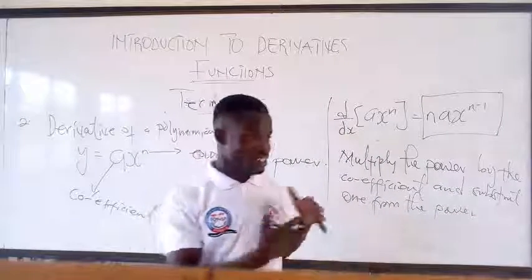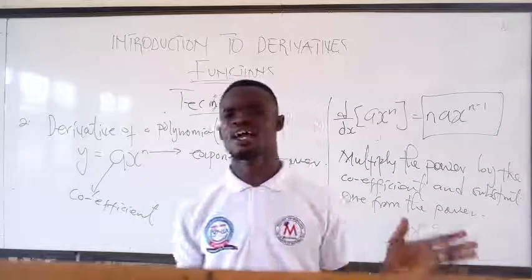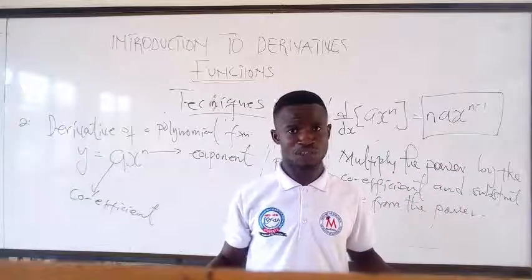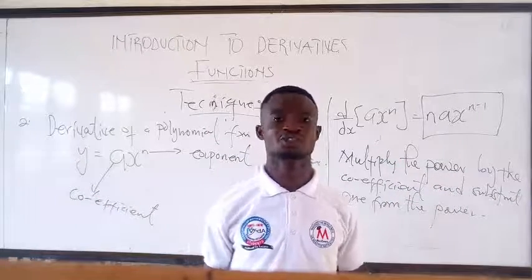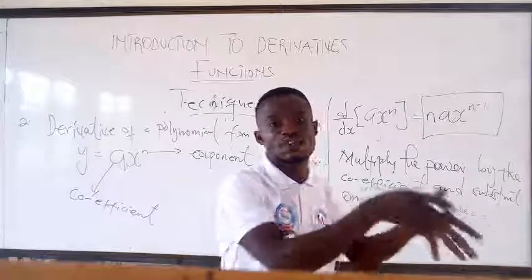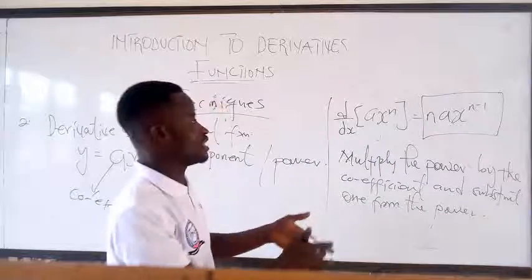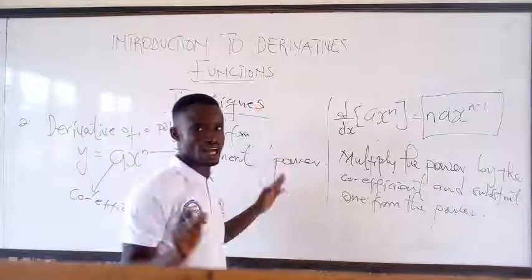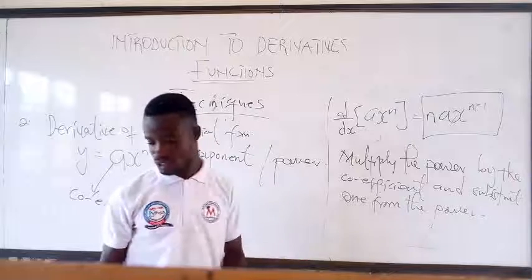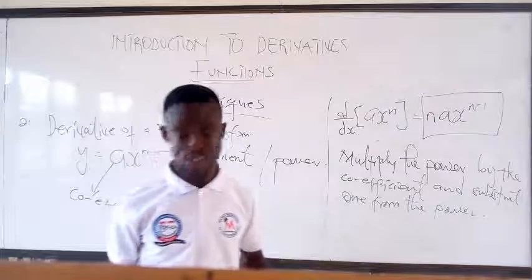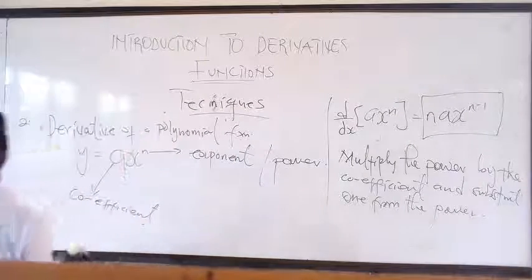Simple. In this way, you can find the derivative of any polynomial function. Any polynomial function you have in this world, if only it's in the form of y is equal to ax to the power n, then we can treat it as this. So let's see some examples so that we see what to do for the next.